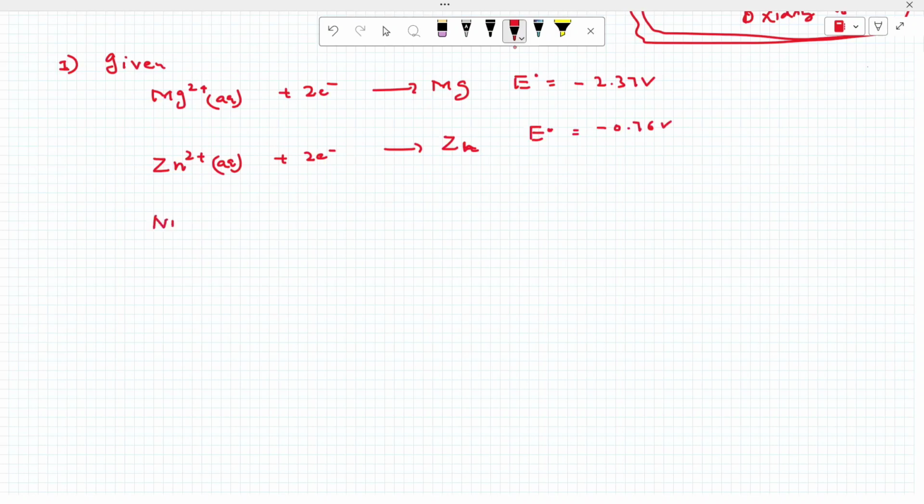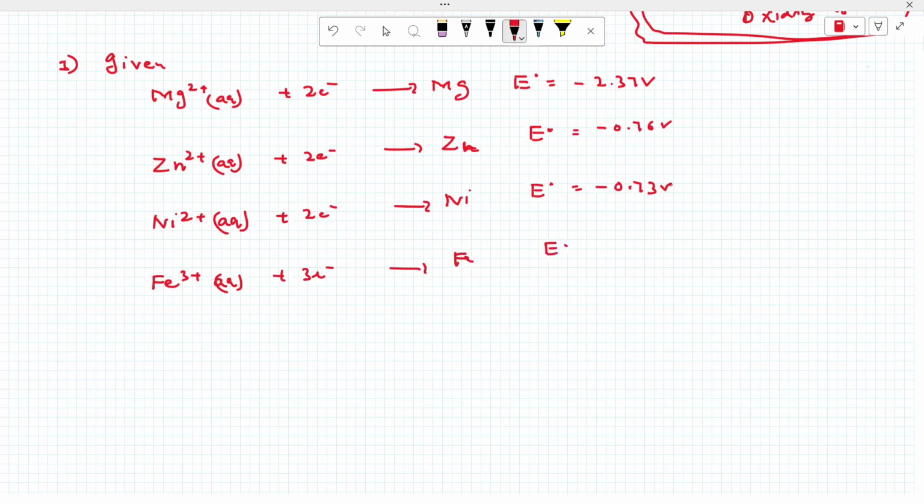Similarly, nickel 2 plus aqueous plus 2 electrons gives nickel, with E naught value minus 0.73 volt. Similarly, Fe3 plus aqueous plus 3 electrons to become Fe, with value around minus 0.04 volt. Okay. Now what is the question?